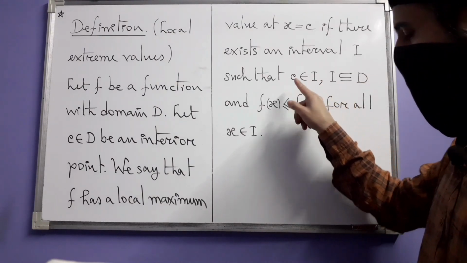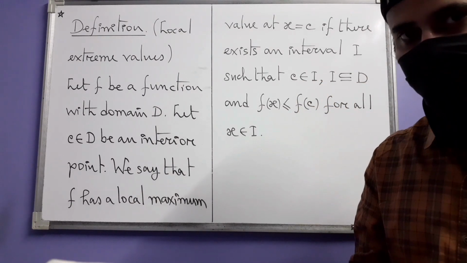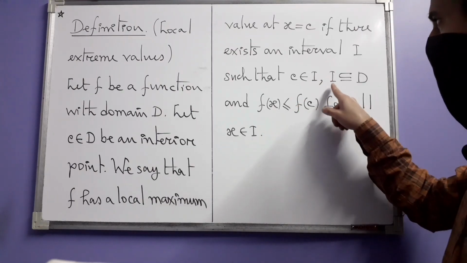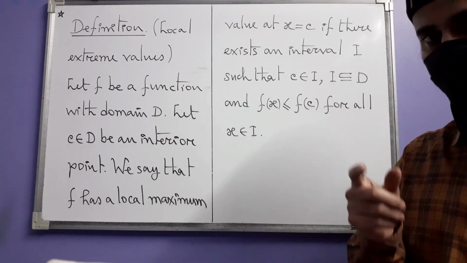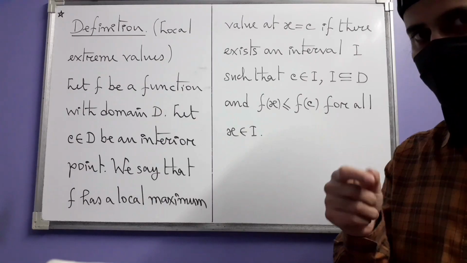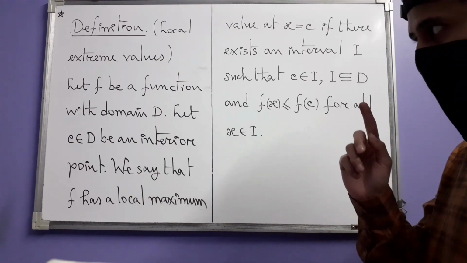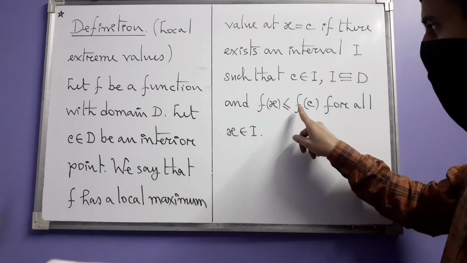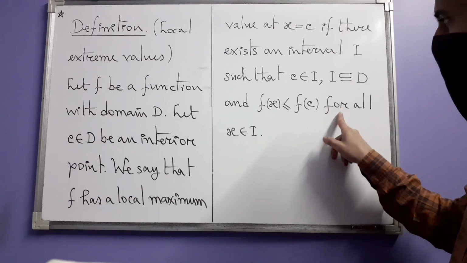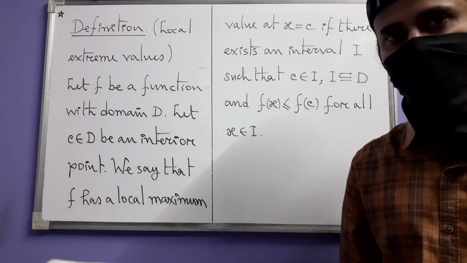I needs to have the point c inside of it, and I needs to be a subset of D. That means it should be contained in D, and f of x should be less than or equal to f of c for all x belonging to I.